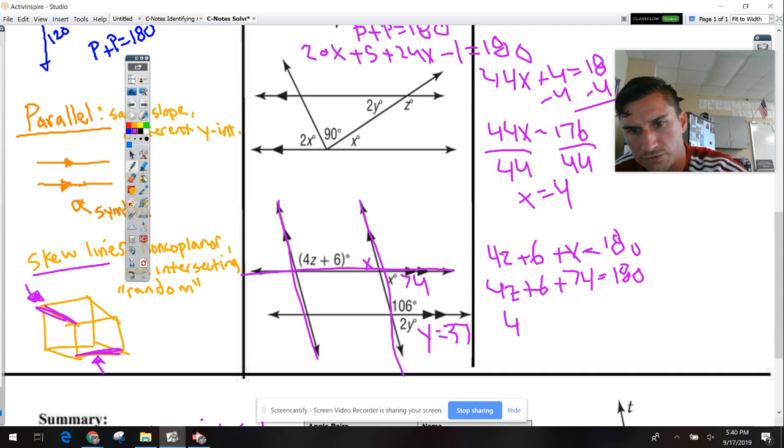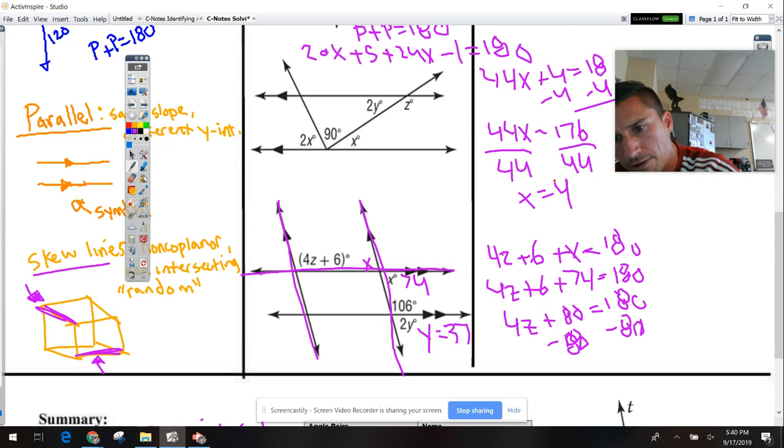So that gives us 4z. And this gives us plus 80 equals 180, minus 80, minus 80. So we have 4z is equal to 100, and then z is equal to 25.